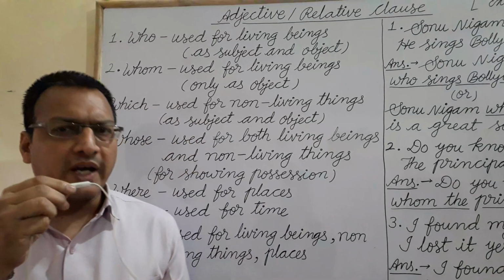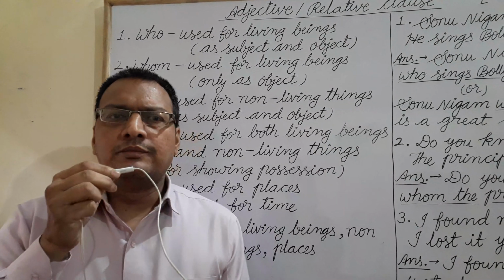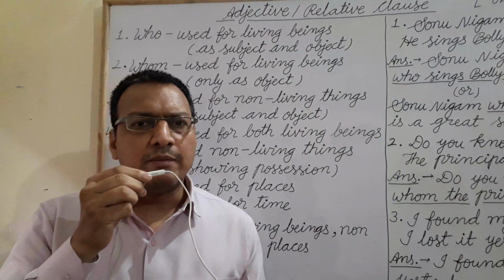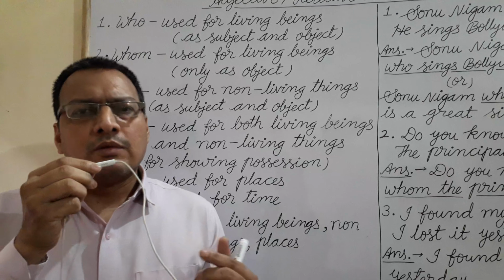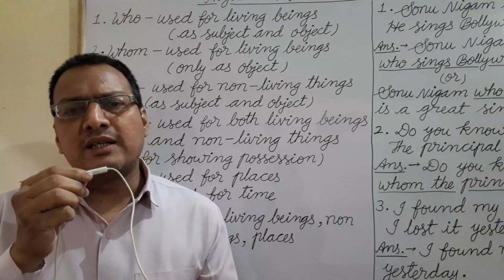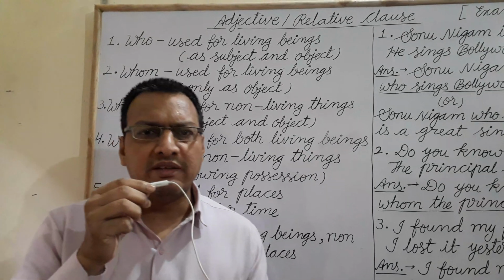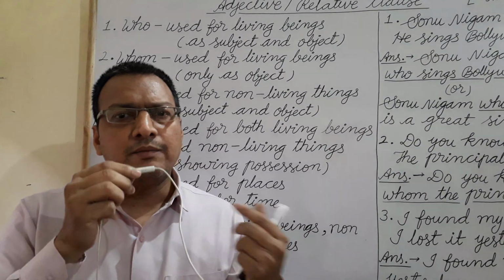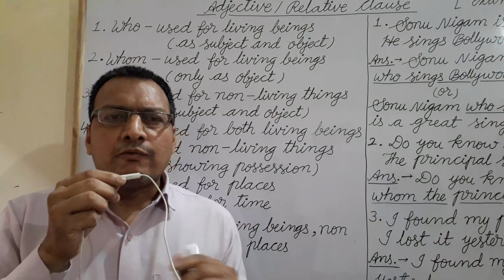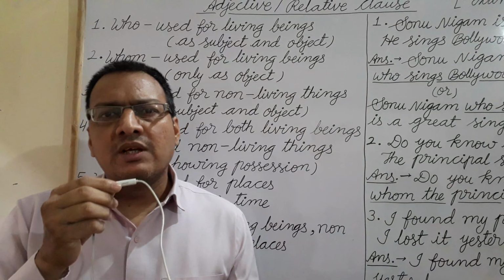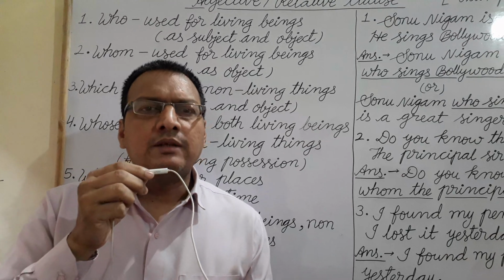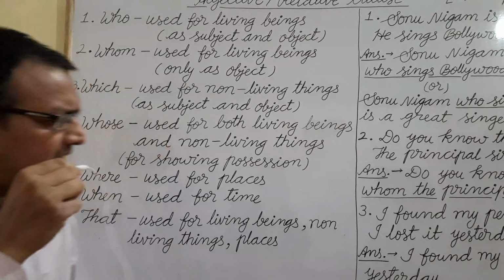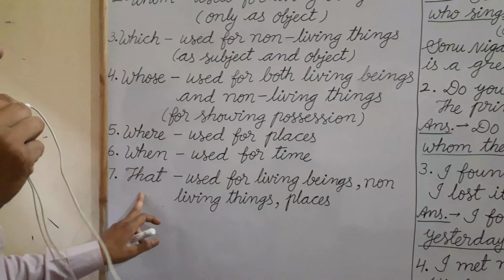And number 5 is when there is more than one subject in the main clause, but one is a person and the other is a non-living thing, or one is a person and the other is an animal, or one is an animal and the other is a non-living thing. When such a condition occurs in the main clause, the adjective clause is made with that.